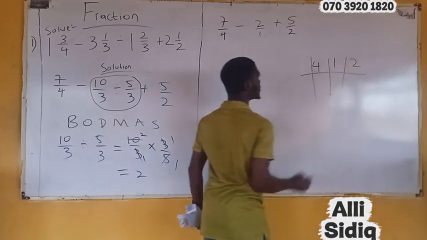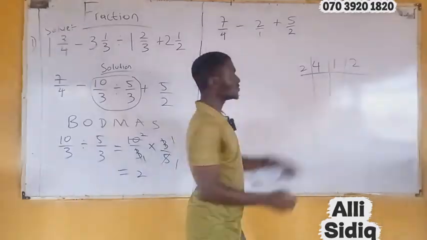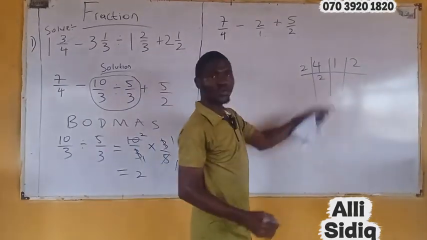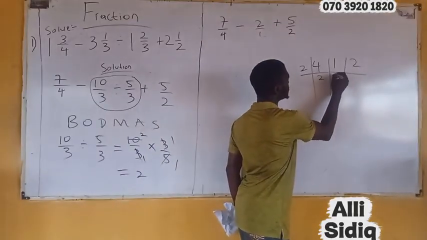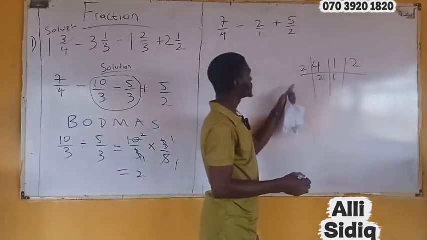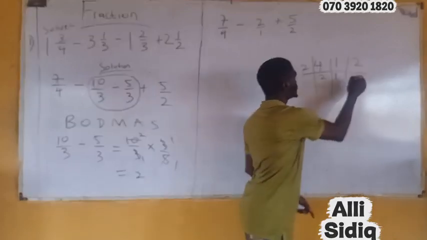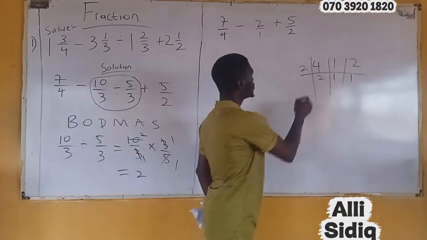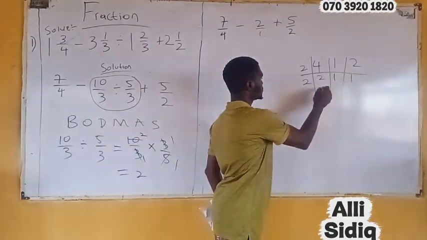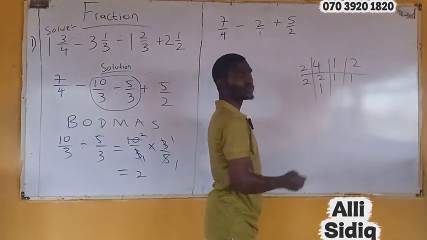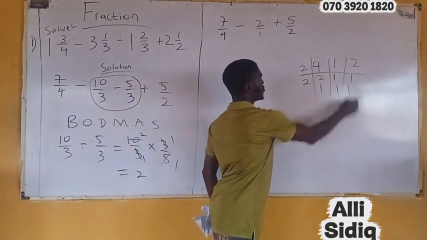You start from the lowest number. So let's start from 2. 2 in 4 gives me 2. 2 in 1 gives me 1. 2 in 2 gives me 1. 2 in 1 gives me 1.